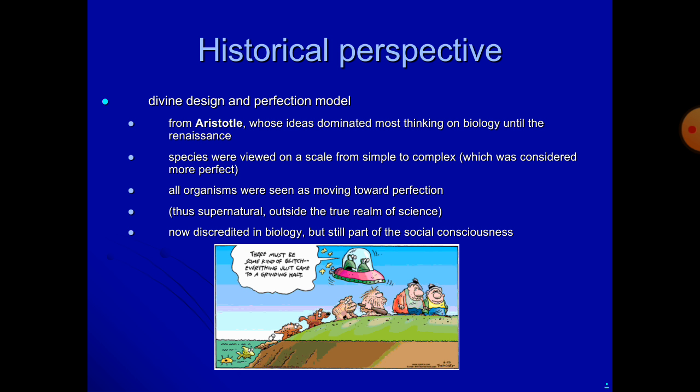All organisms were seen as moving toward perfection. Thus, the divine design and perfection model is viewed as supernatural and outside the true realm of science. Now, it is discredited in biology, but still part of social consciousness.